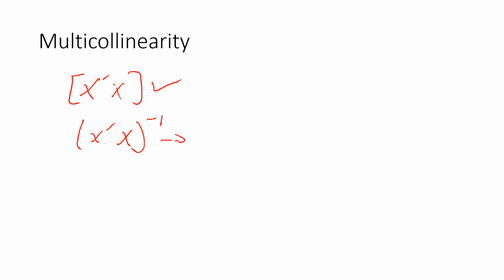Because the variance of beta hat is given by this expression, the variances and consequently the standard errors of the ordinary least squares estimates will tend to be large when there is a relatively high degree of multicollinearity.